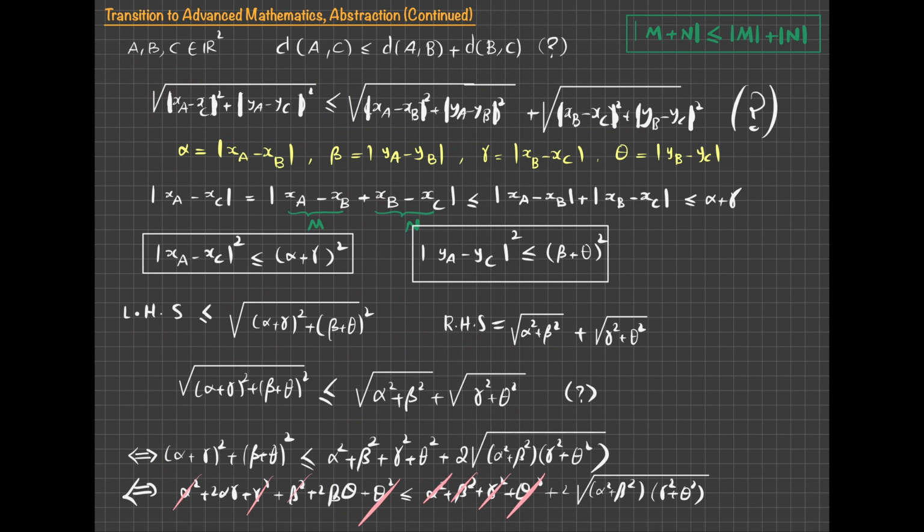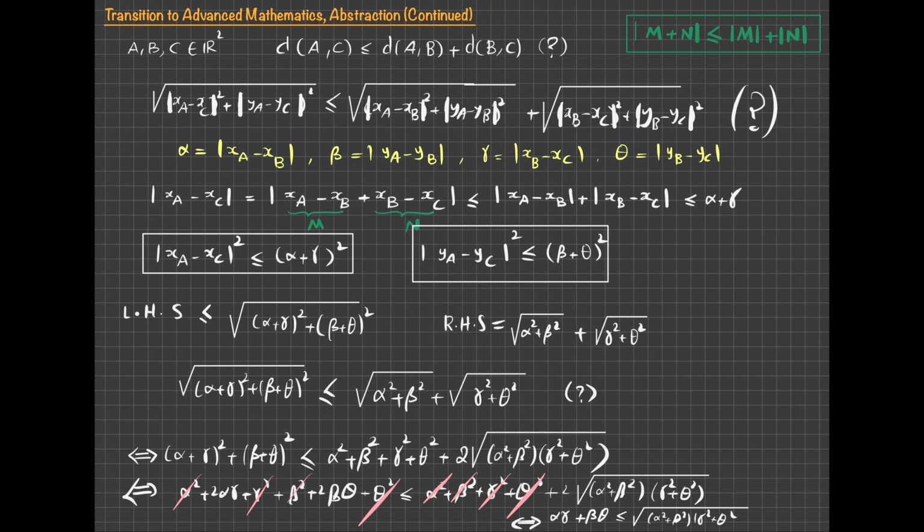So this becomes alpha gamma plus beta theta is less than or equal to square root of alpha squared plus beta squared times gamma squared plus theta squared. And this is also reversible, so it's very simple.